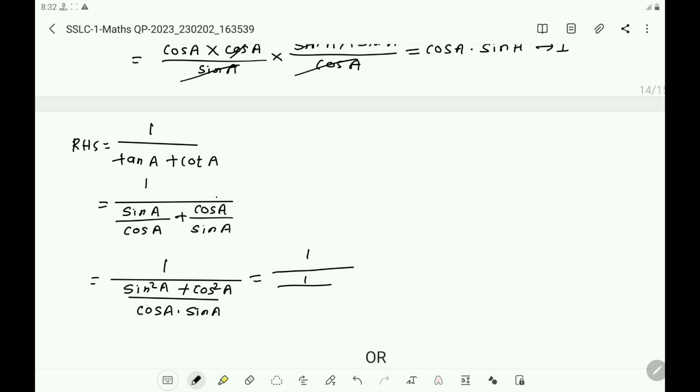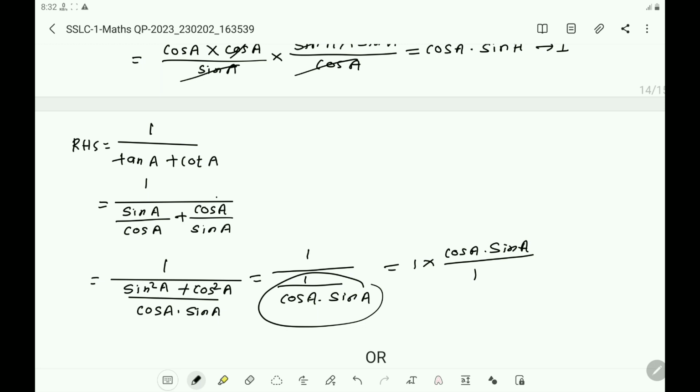Then you can write 1 by cos A into sin A, which is equals to 1 into cos A into sin A by 1.